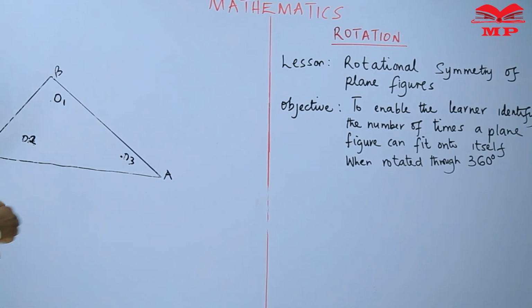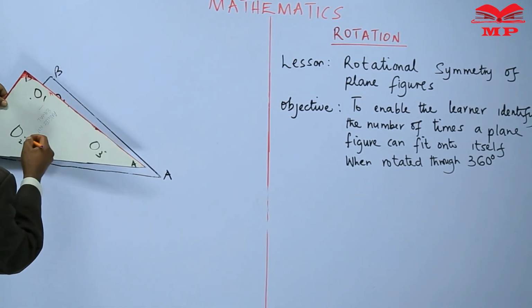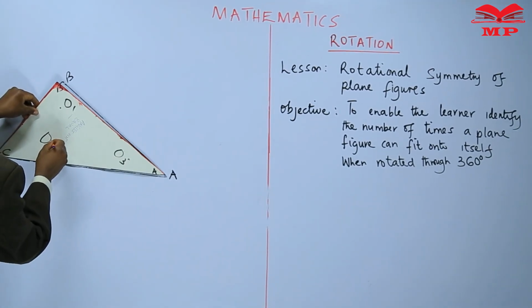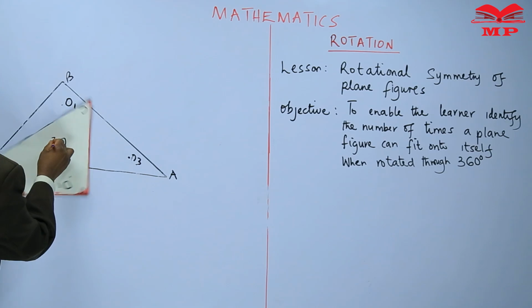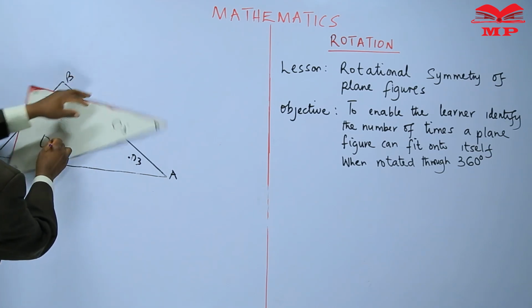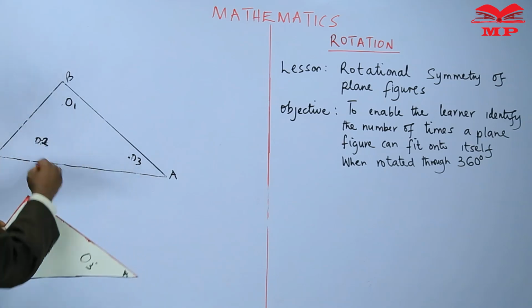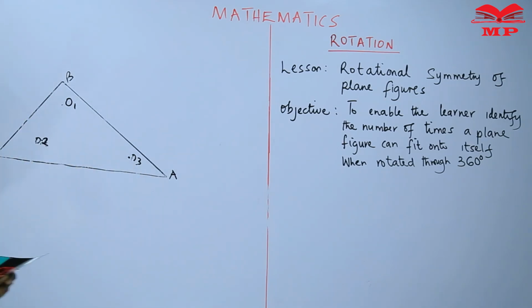I'll move there. I want to go 360 degrees. So I start, and it is only once. Whichever place I choose, I'll only get one.